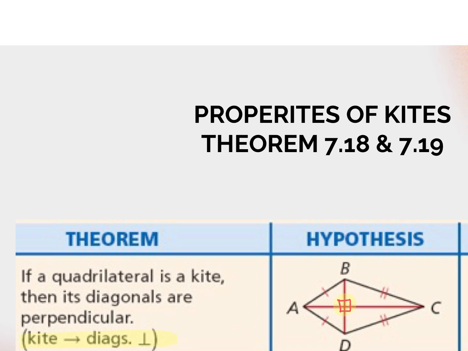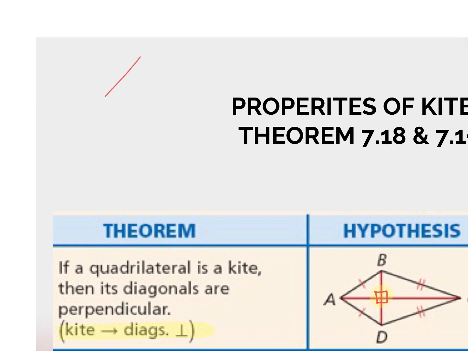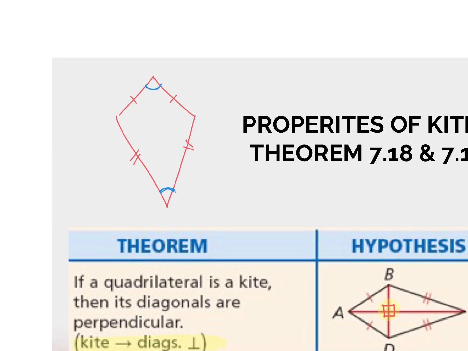So if I were to draw a kite, we know that these are congruent. If I were to draw a kite and they were to ask, is this angle congruent to this angle? Are they opposite angles? Yeah, but are they congruent?